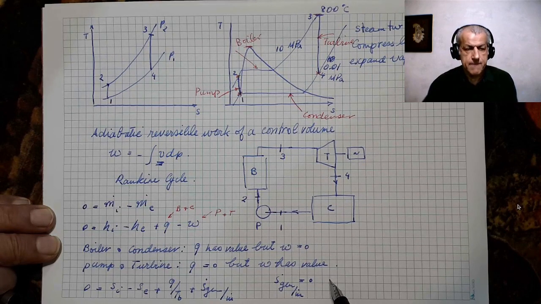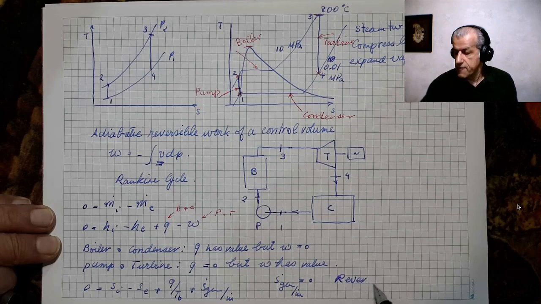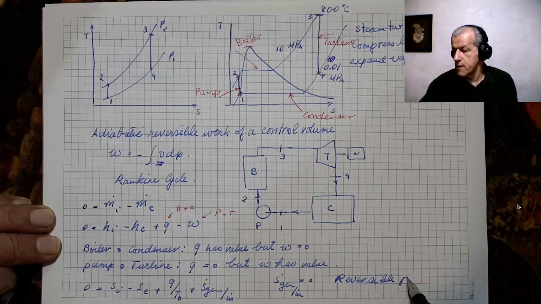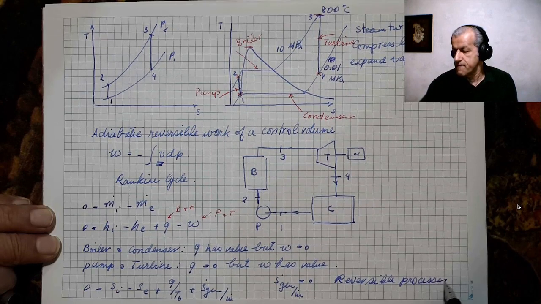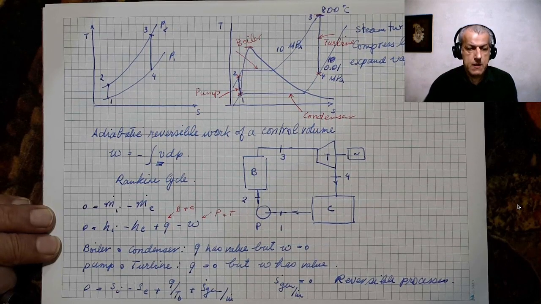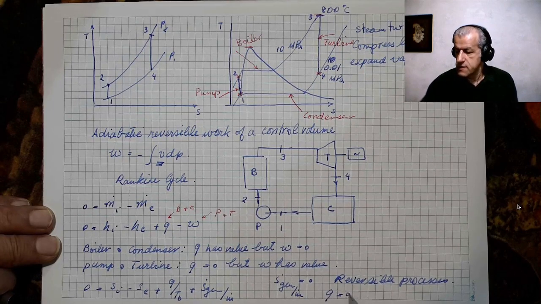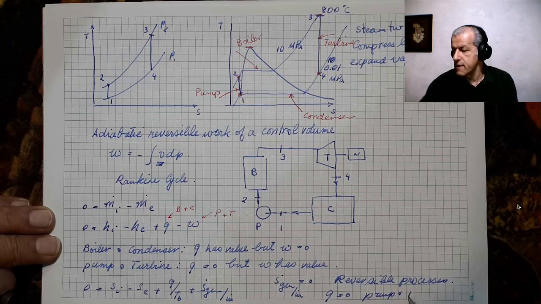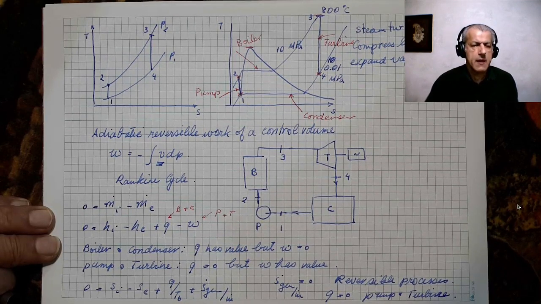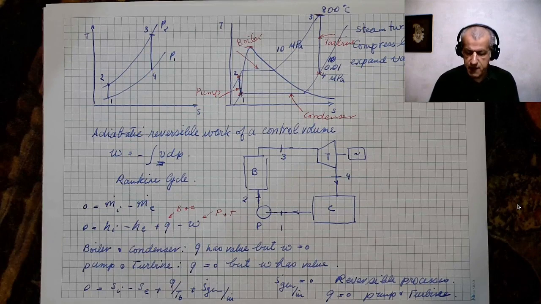So S dot gen over m dot is 0 for reversible processes. For the basic cycle, all processes are reversible, and Q equals 0 again for pump and turbine. So this is how we simplify everything.